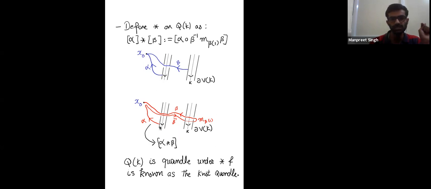Then the operation is: we first travel along the path alpha, then we go along beta inverse, and then we move around the meridian. By meridian we mean a simple closed curve whose linking number is 1 with the knot, and then we go back through the path beta to the point x naught. One can check that under the operation star, Q_K becomes a quandle, and these are known as knot quandles.